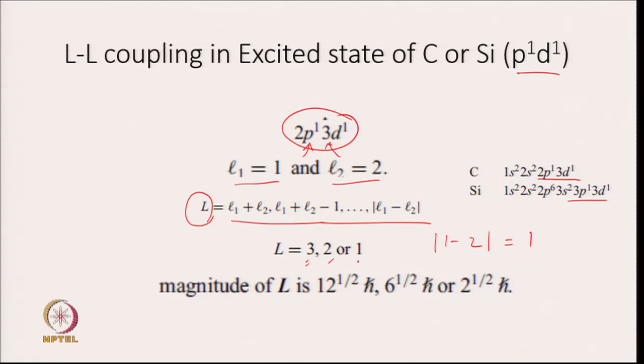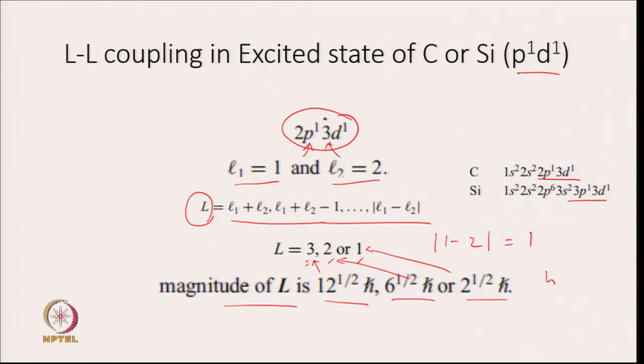So, 3, 2, 1. There are 3 possible values of capital L, and the magnitude of L will be root 12 h cross, root 6 h cross, and root 2 h cross. This is for this one, this is for this one, and this is for this one.